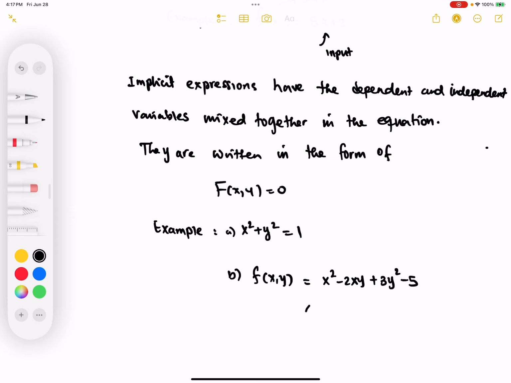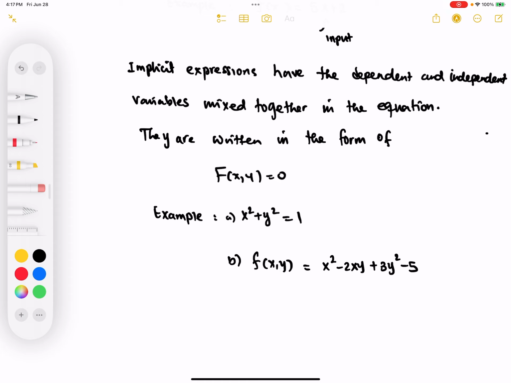In this case, we cannot explicitly write one variable in terms of the other, so we call it an implicit expression. Now, our objective is how to find the derivative of such an implicit expression.